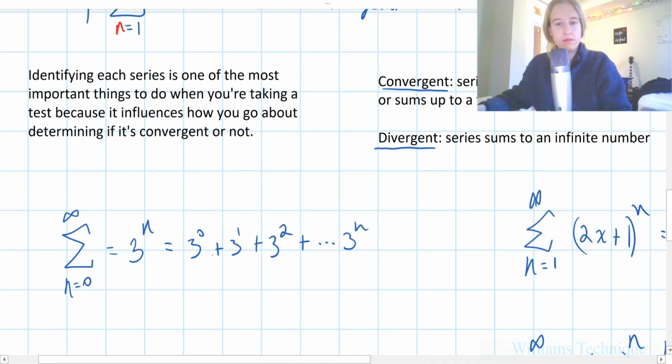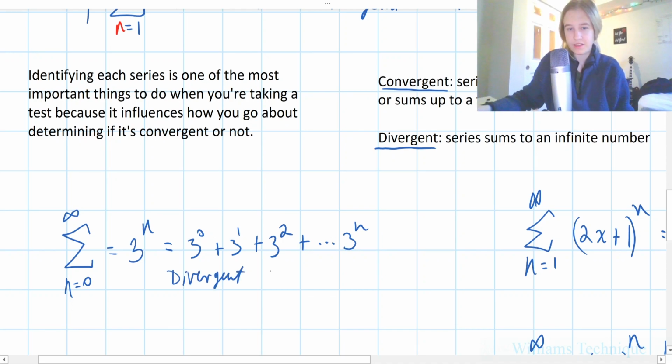Alright, so our first one that we're going to be identifying is the sum from n equals 0 to infinity of 3^n. Now we see that the pattern is 3 to the 0 plus 3 to the 1, plus 3 squared, and so on. We can comfortably say that this is divergent because as you see the trend going, this goes to infinity as you keep on summing it.